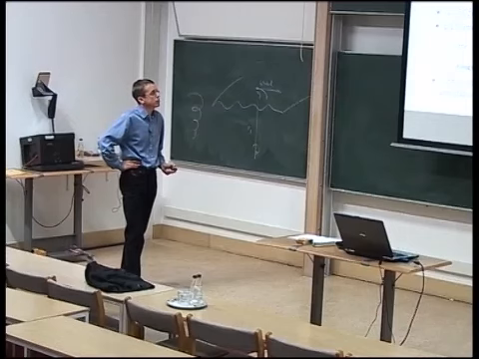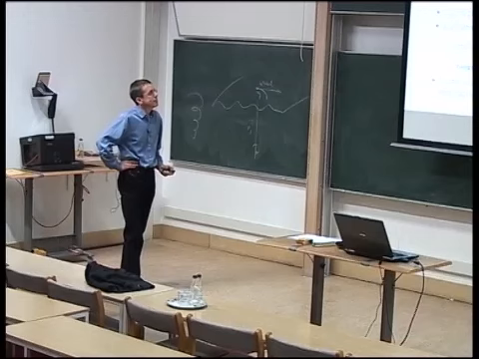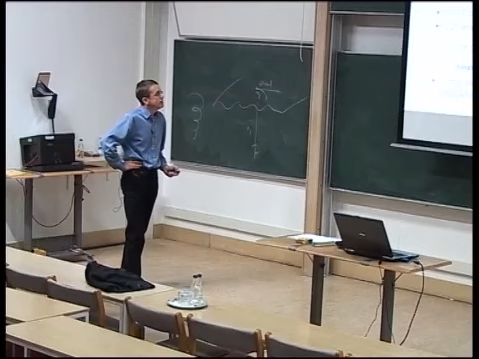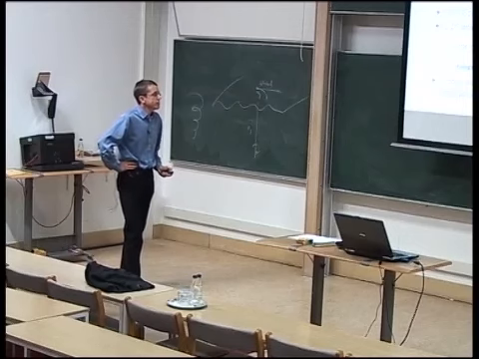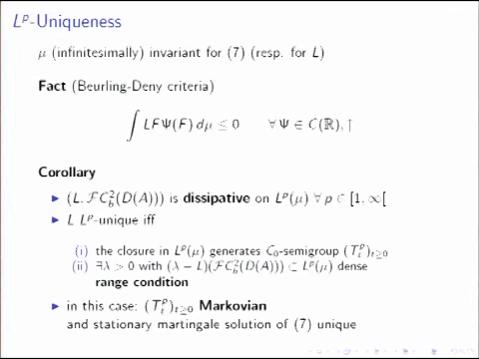So the range of lambda minus L of the domain of these finitely based smooth test functions is dense in L^p. And in that case, so this is a consequence, in the case of this so-called L^p uniqueness, that's a consequence of these Beurling-Deny criteria, the semigroup generated by the closure will be Markovian, and the stationary martingale solution will be unique.